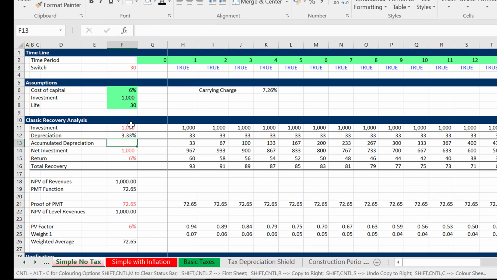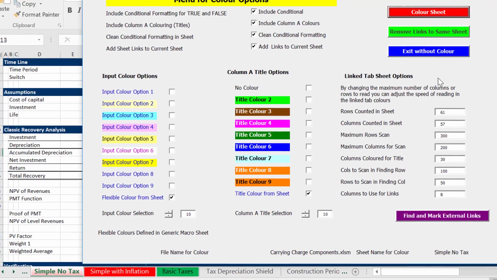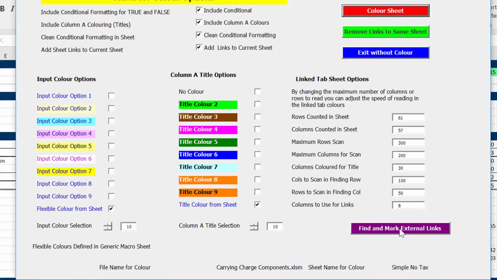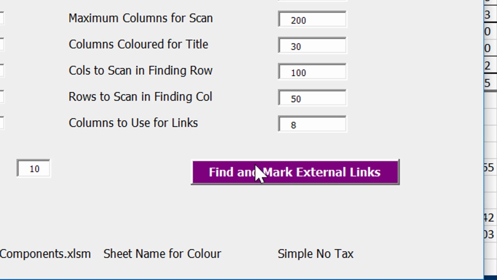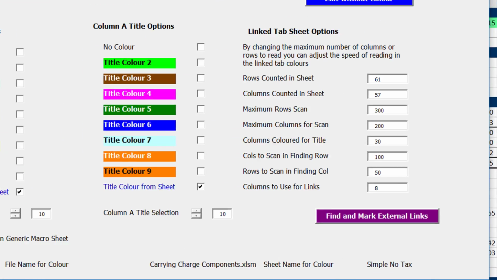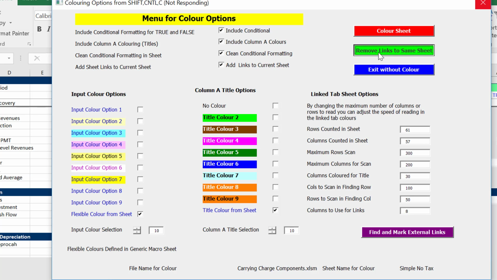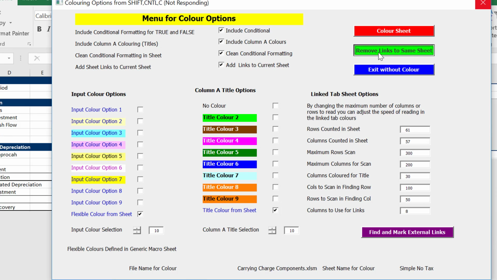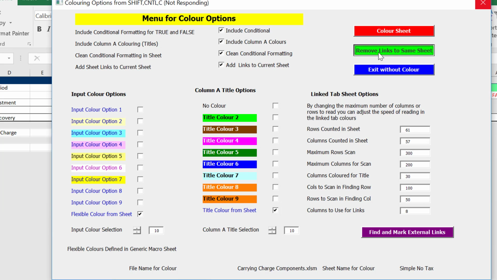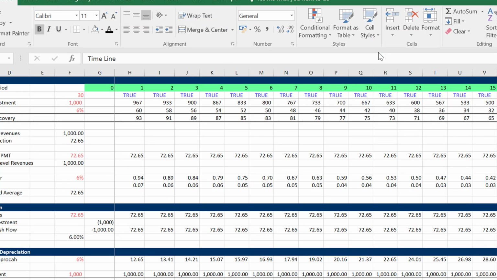So if you want to do that. Now if you don't want to do that, if you want to find any external links and mark them, you can do this, or you can remove the links again after you've done that. After you remove the links, the next time you run this, it's going through removing links. I hate it sometimes when you have links.